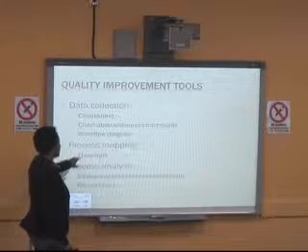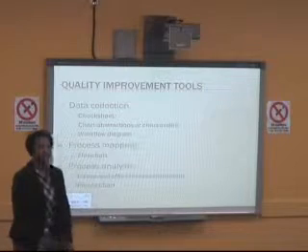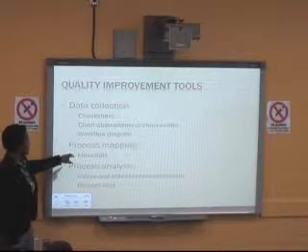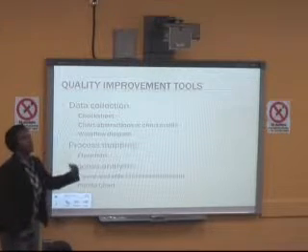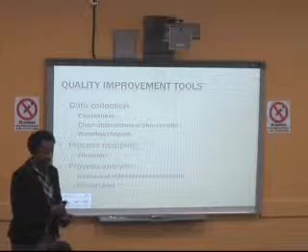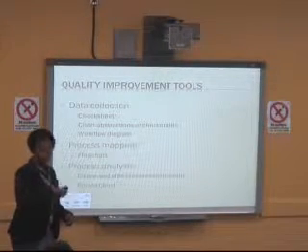Process mapping is another way. I see this a lot in places with waits, so physician offices, this is very popular. People will use flow charts, and what the flow chart does is pretty much document the patient from when they walk through the door to when they leave.